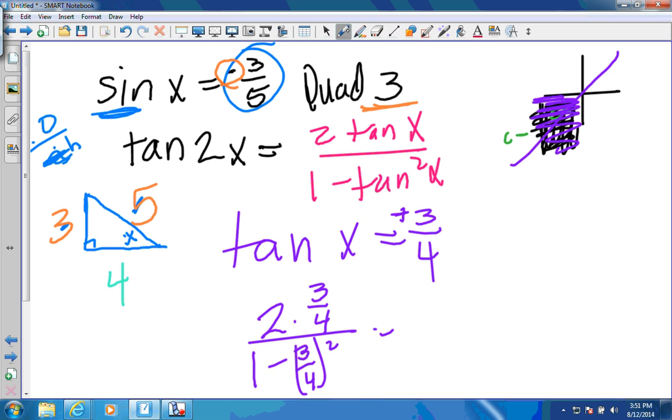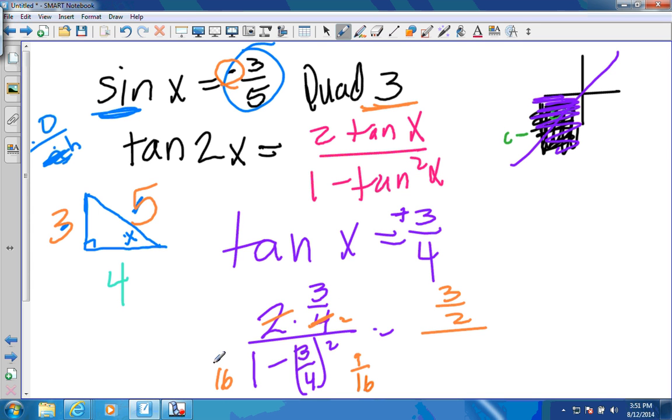And then you just have to go through some math and get that down to a nice looking fraction instead of this pile. You can divide the 2 out, then you get 3/2 over 9 over 16, and 1 minus 9 is 7. No, not 7.